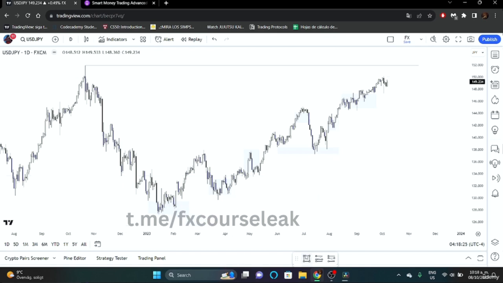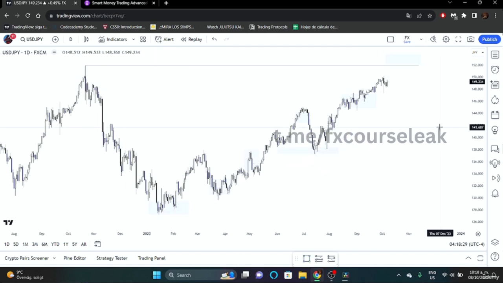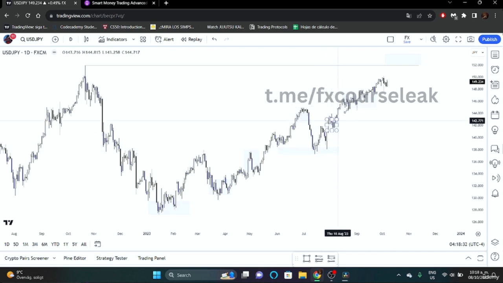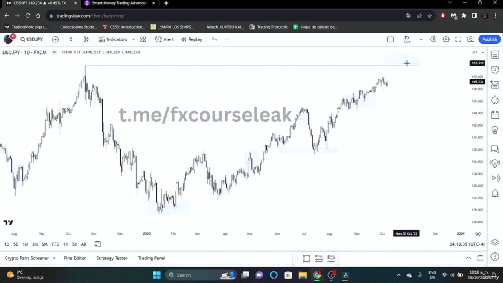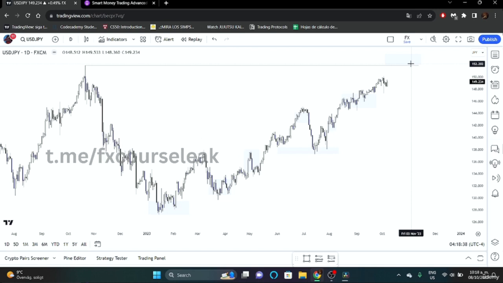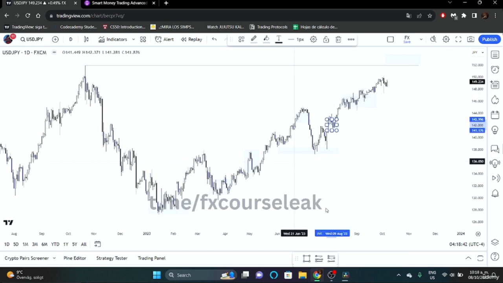These highs, and on the highs, reversal to go lower, reversal, accumulation, accumulation, then our distribution reversal, then we just accumulate again, and then we reverse.